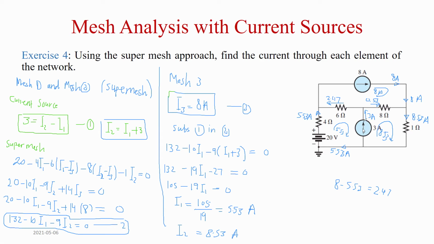And this 3 is 8.53 minus 5.53, the bigger minus the smaller, and it's in this direction. In here, it is 8 minus 5.53, and here is 8, and here is 5.53, so it's 2.47, and it's in the direction of the bigger current. Is this question okay?